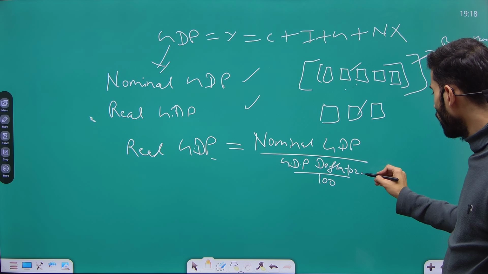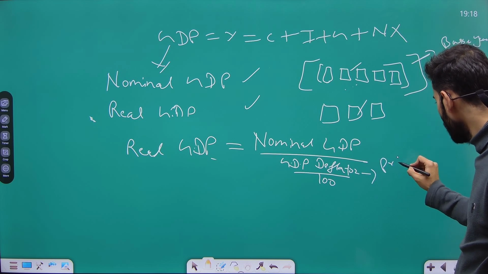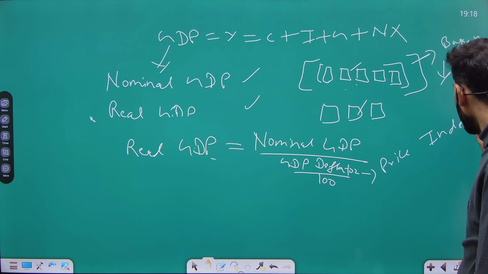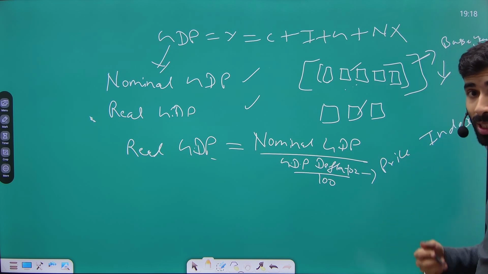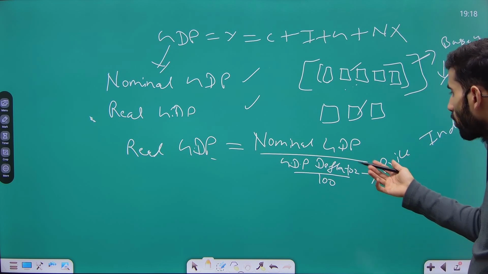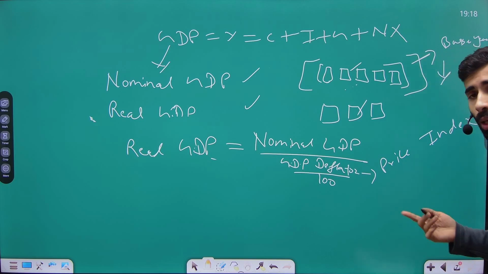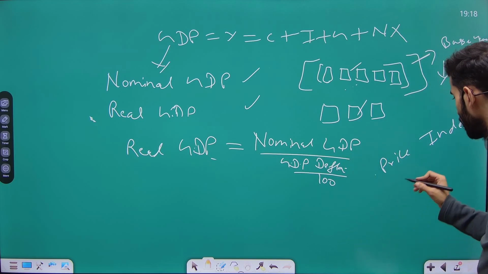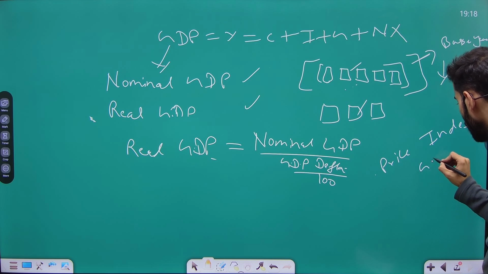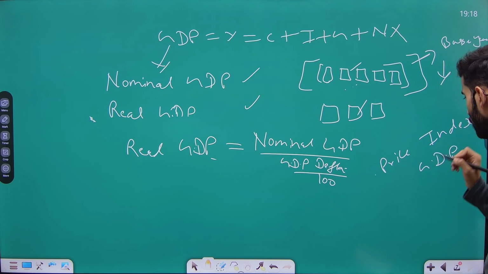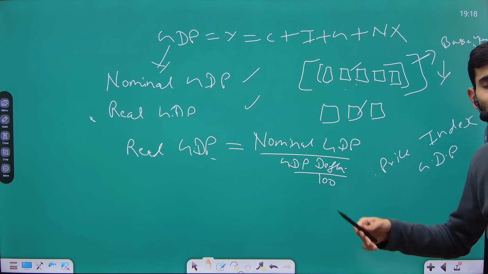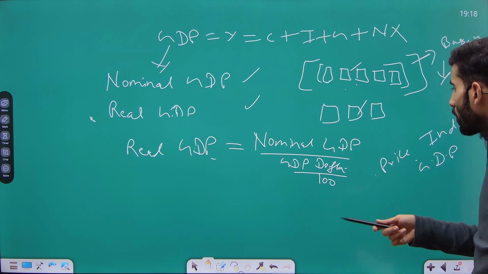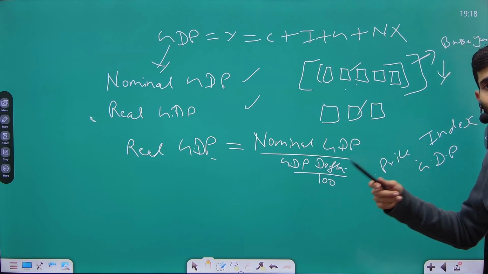So here the GDP deflator is a price index which measures the average price level of all the goods and services which are included in GDP.